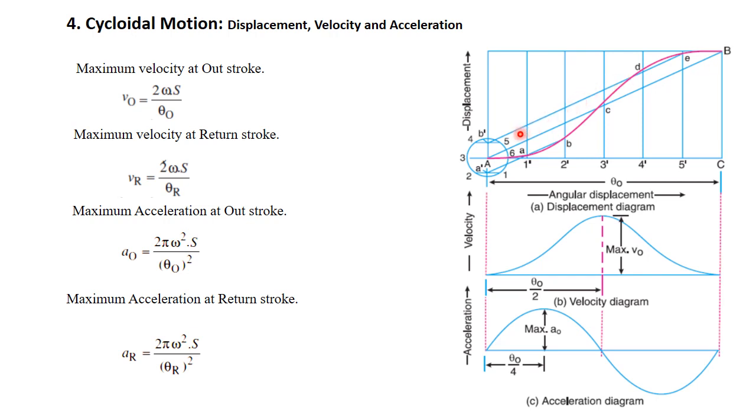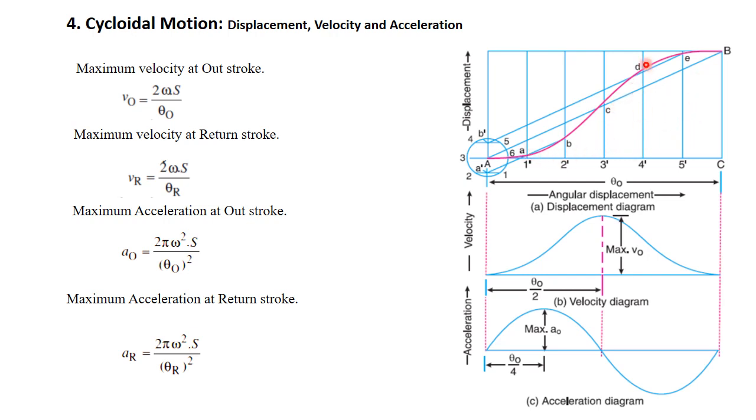Now thereafter we again take a parallel line to capital AB from B dash, and on B dash there are 2 points, 4 and 5. So we allow this line to intersect 4 dash and 5 dash vertical lines.